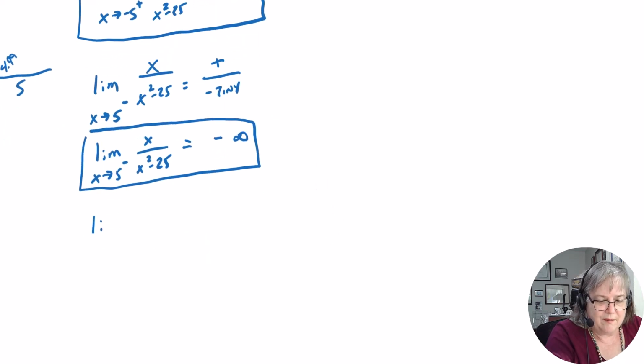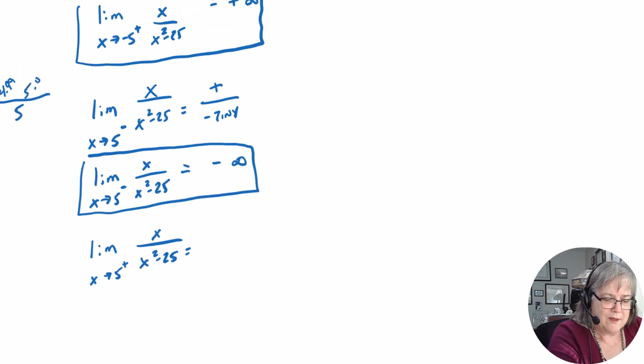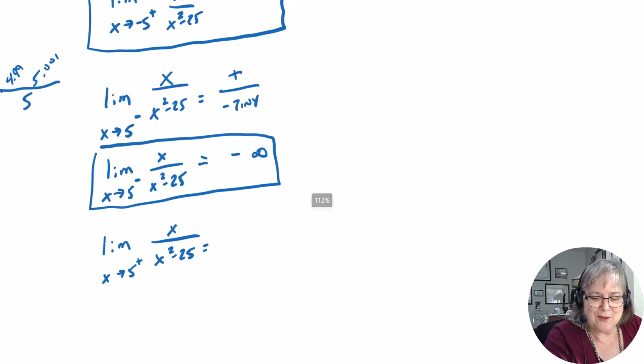And then the limit as x approaches 5 from the right would be something like 5.001 up here, a number to the right. Sometimes it just helps to have an assist because these get so complicated your brain sort of goes, wait a minute, I'm not sure about left and right. So 5.001 is positive on the top. 5.001 slightly bigger than 5.